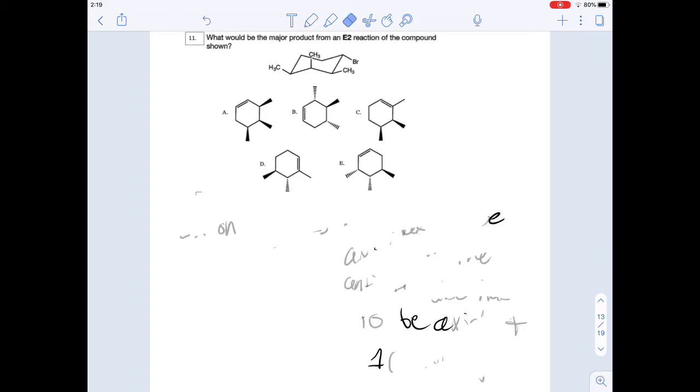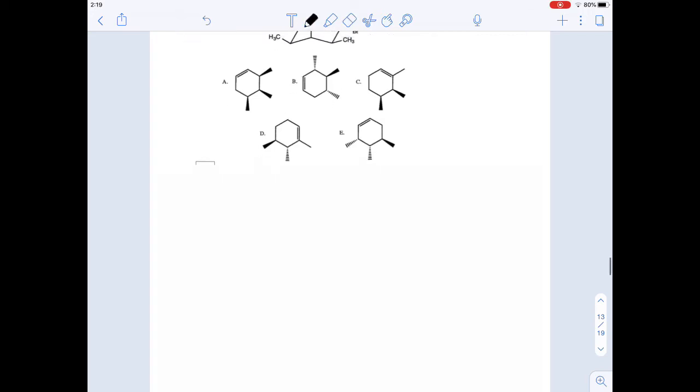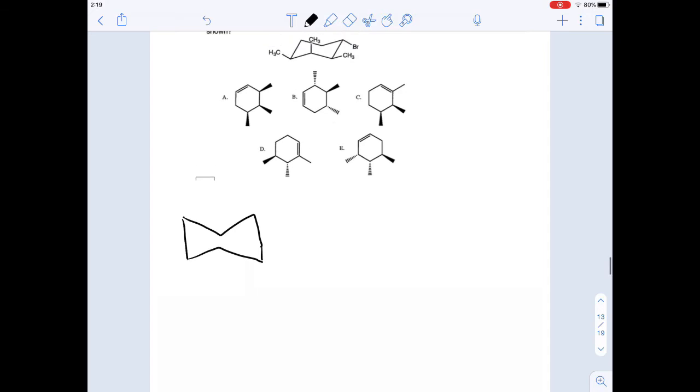In this compound, they gave us Br on equatorial. So we're going to have to do a ring flip, which we all remember, hopefully, from exam 1. Or chair flip, my bad. Same thing, though. Okay, so you draw your original chair, and you flip it.